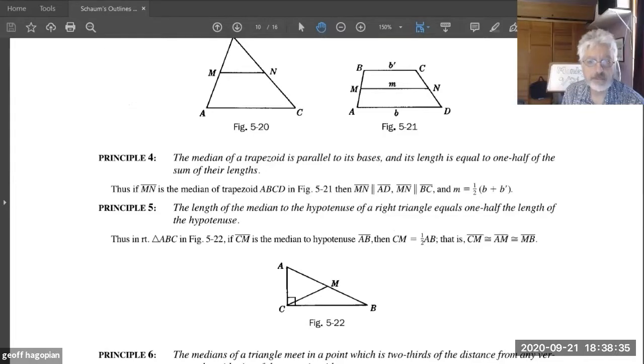Why is that? Yeah, some of these you have to think about them a little bit, right? So we know that AM is congruent to MB.